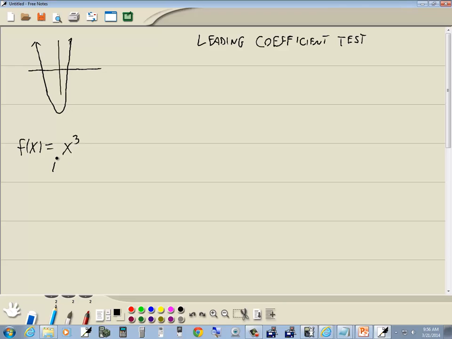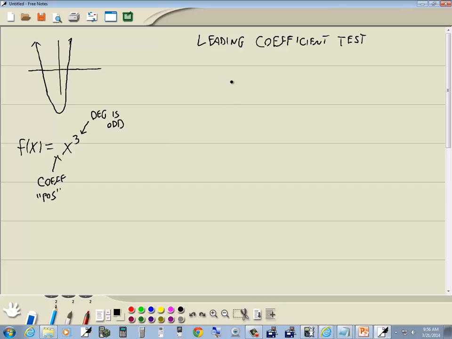Now it's got a coefficient, which is whatever number's in front of the term, which in this case is a positive 1. The degree is your largest power of x, which is your power here. So the degree here is 3, and degree is odd.